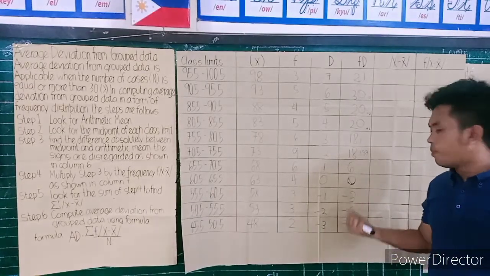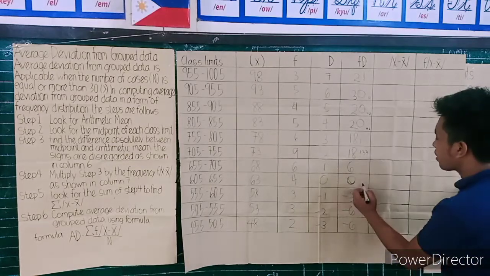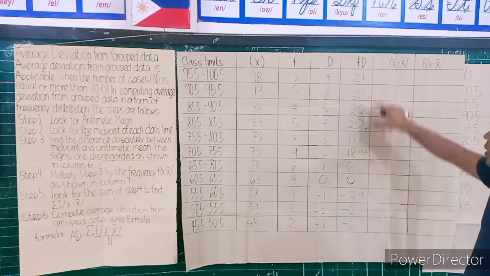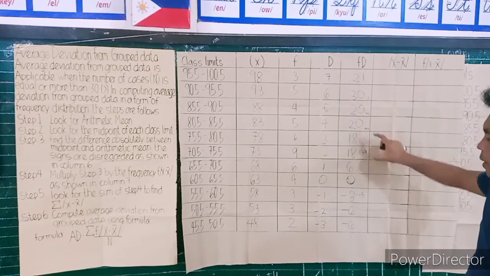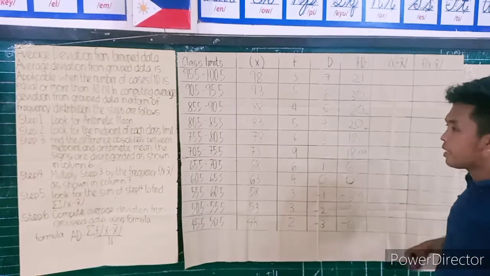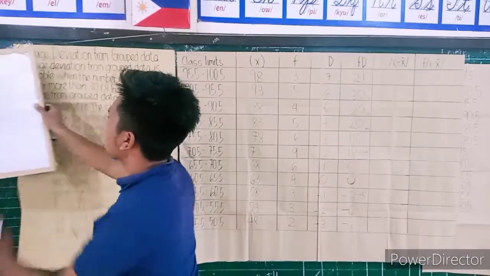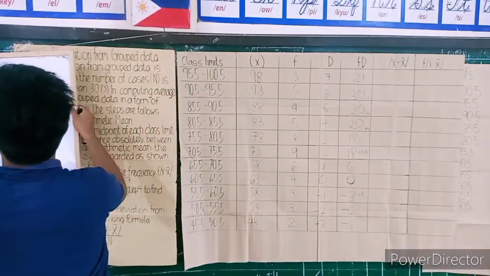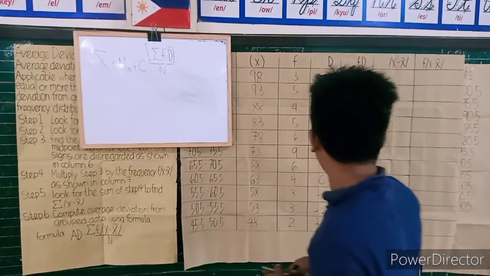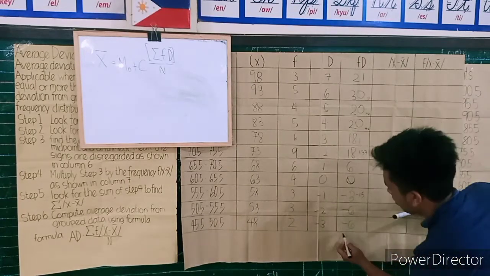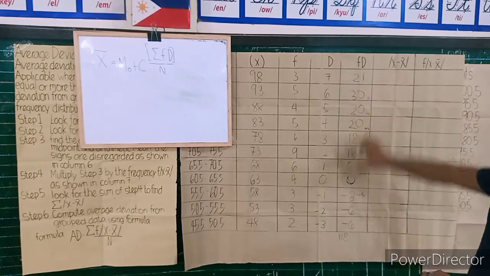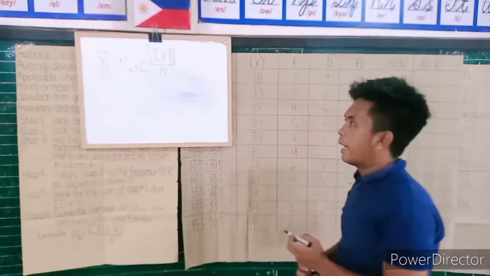Okay, negative 12 plus negative 3, we have negative 15. 133 plus negative 15, we have 118. Okay, we have 118. So that is the total of frequency deviation in order to get the arithmetic mean.